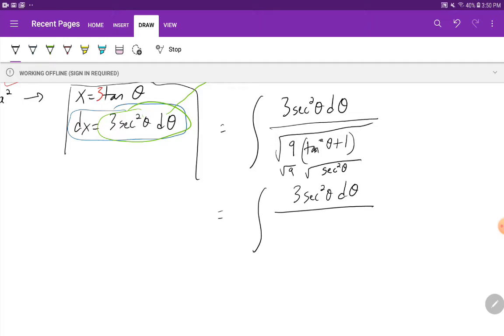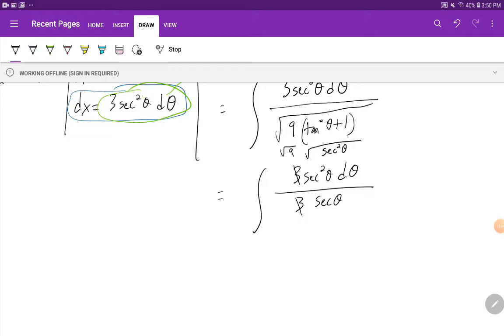So we get square root of secant squared theta, which is going to reduce down to regular secant. And then the square root of 9 becomes 3. And look at that, things cancel out beautifully, right? And then you're left with the integral of secant theta d theta.